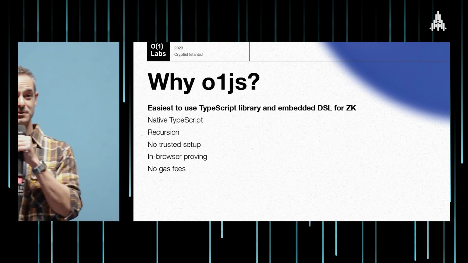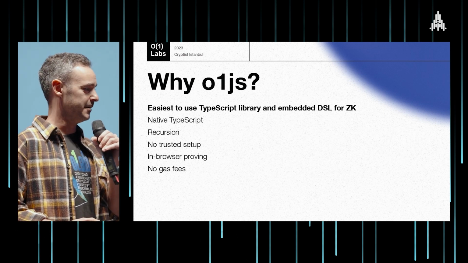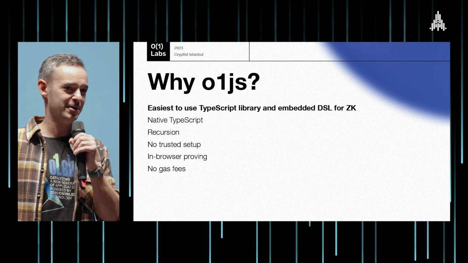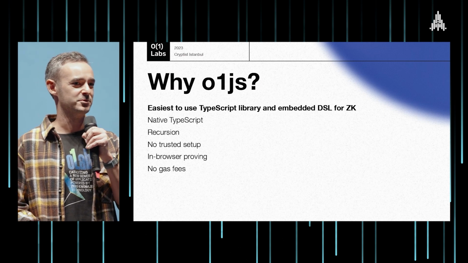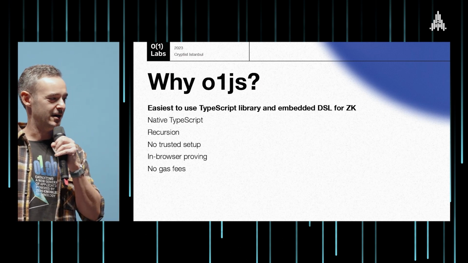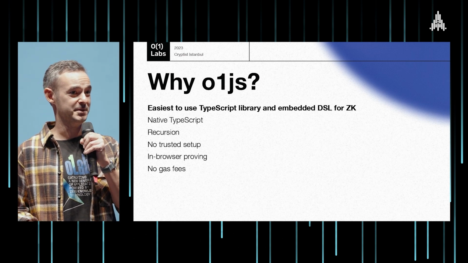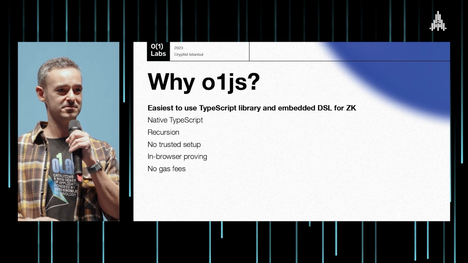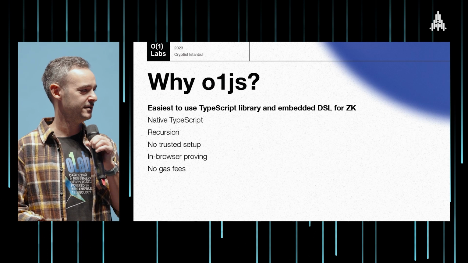And then O1JS, again, this is the interface that accompanies Mina. It is a TypeScript library, meaning you don't have to learn a new language or any new syntax. It's like how you would use React to develop a web application. It does allow full, infinite recursion, meaning you can create arbitrarily complex ZK applications, again, just using a TypeScript interface without having to learn all the fancy cryptography.